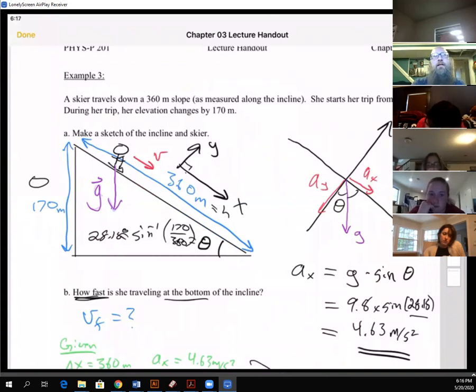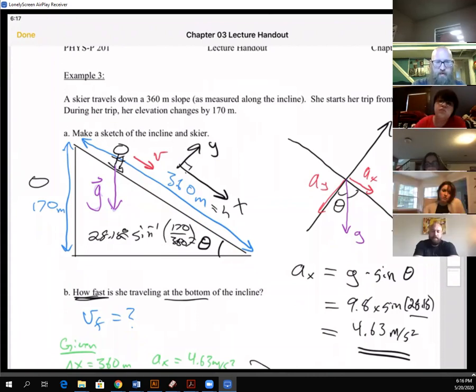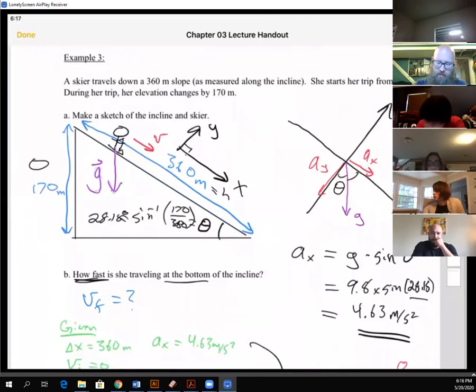Maybe that's not a fair way to say it, but that's how I'm going to say it. If you tilt your axes, with the x direction along the slope and the y direction perpendicular to the slope, there's only motion in one of those two directions. There is no motion in the y direction, so I don't even have to think about it. So it's just a one-dimensional kinematics question, where the acceleration is a little less than g.